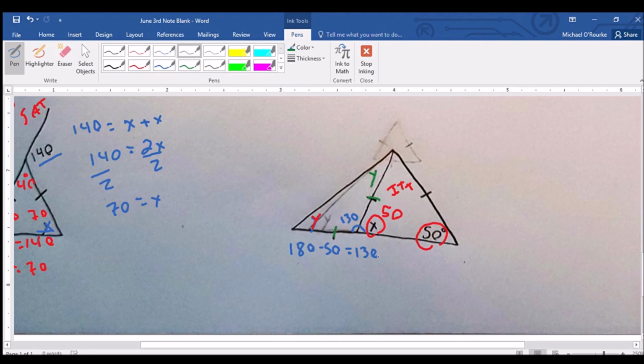So I'm going to split what's remaining off of this. So 180 minus 130 equals 50. So that's how many degrees I have remaining. But I need to share it between two angles equally. So 50 divided by 2 equals 25. That can be through ITT as well. Although this one here is through SAT.